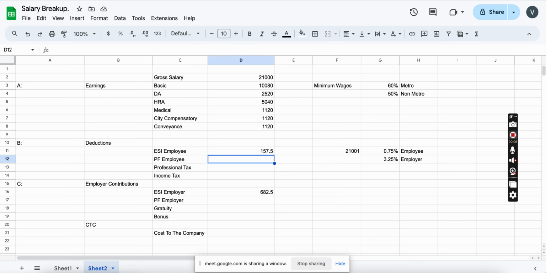PF also has another rule that if gross minus HRA is more than 15,000, then PF will be limited to 1,800. I'll show you with the calculation.